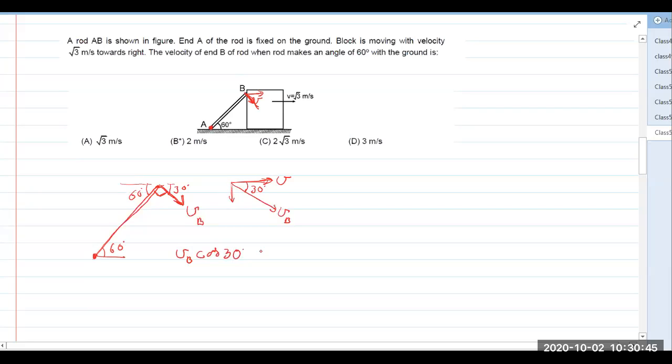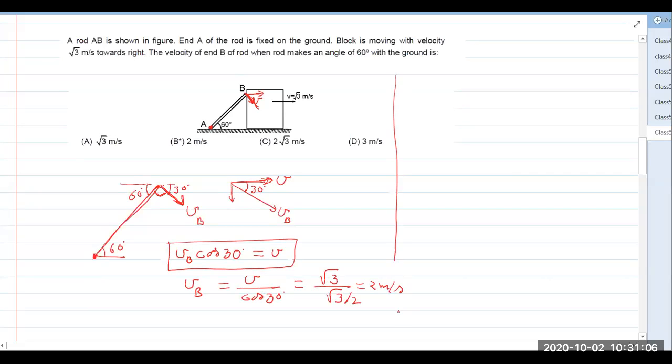So VB cos 30 will be equal to small v, and VB will be equal to v by cos 30. v is √3 and cos 30 is √3 by 2, so we get 2 meters per second. In this way you can solve this problem.